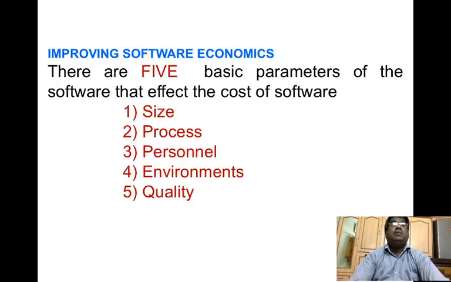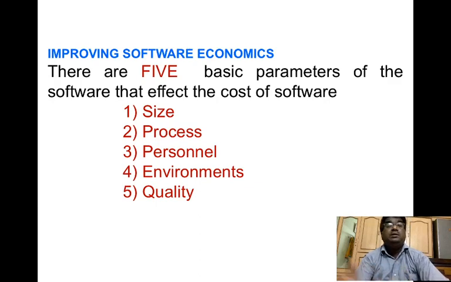Software economics parameters are 5. There are 5 basic parameters of the software that affect the cost of the software. Cost will vary with all these 5: size, process, personnel, environments and quality.